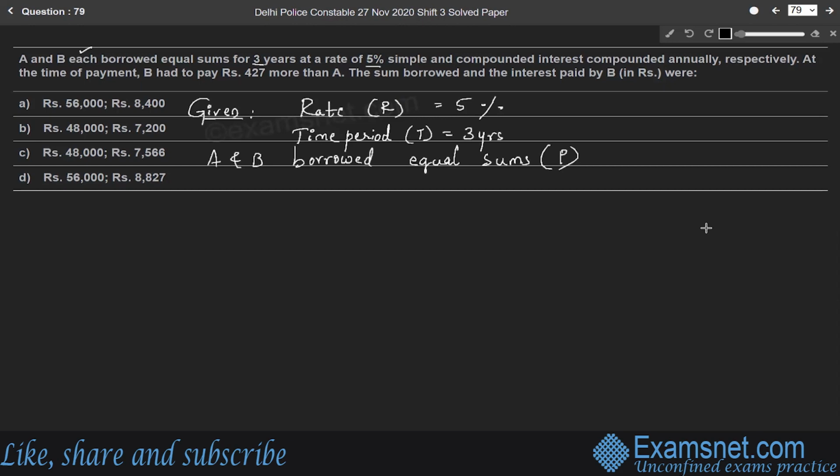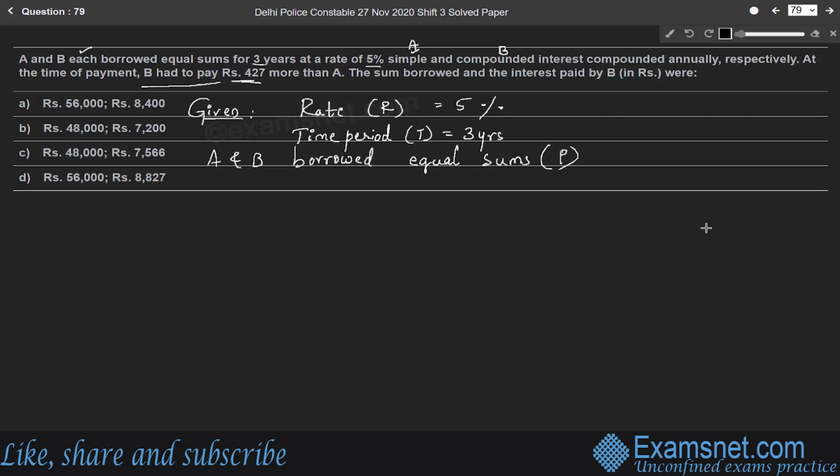So here we have to calculate the simple interest paid by A and the compound interest paid by B, right? Also given that B had to pay 427 more than A. So B had to pay more interest than A, and that means the difference between the interests is 427, right?